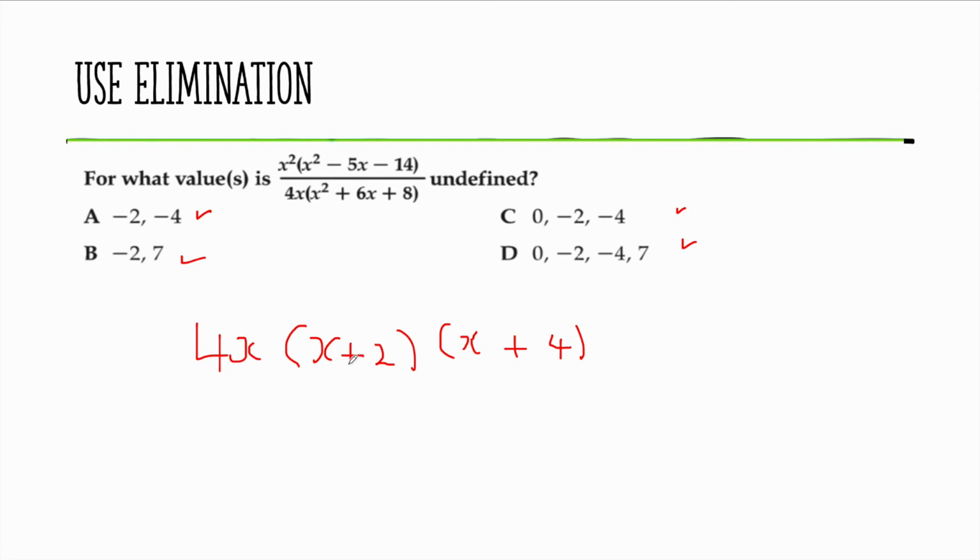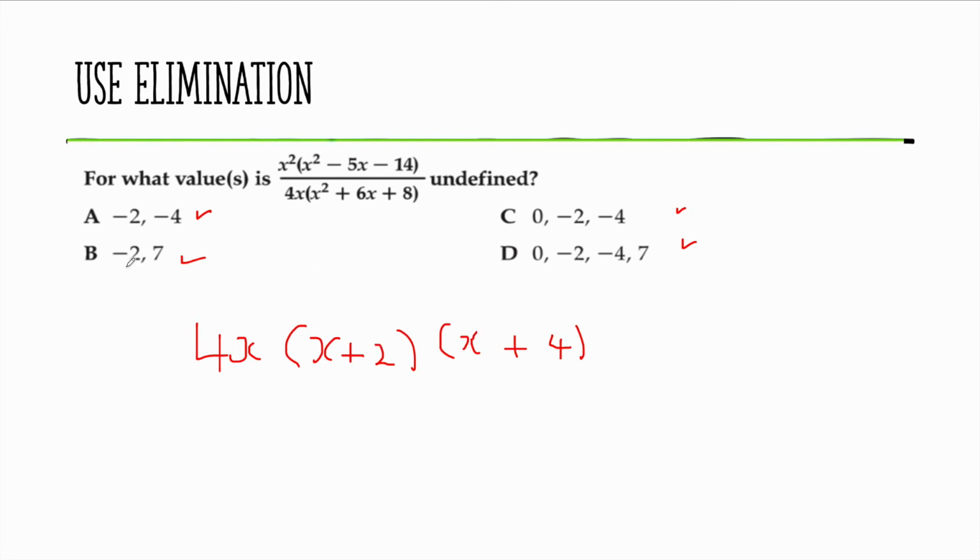Okay? So now, if I put minus 2 here, then it's going to give me 0. And if I multiply the whole thing by 0, it will be 0. That means we divide our fraction by 0 and it will be undefined. So it works. Minus 4 also works.